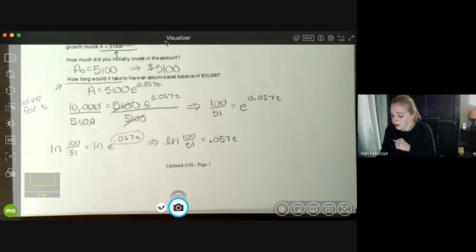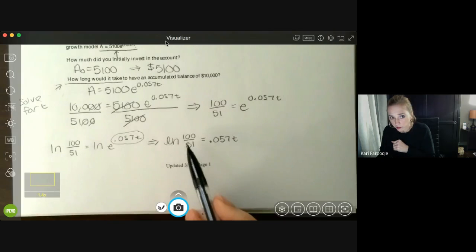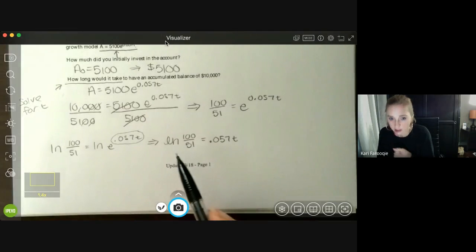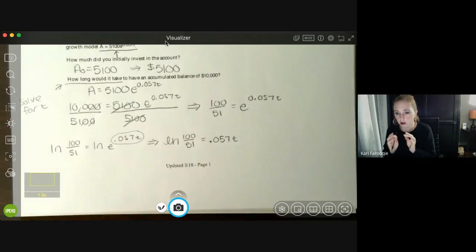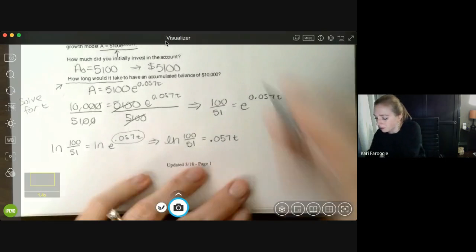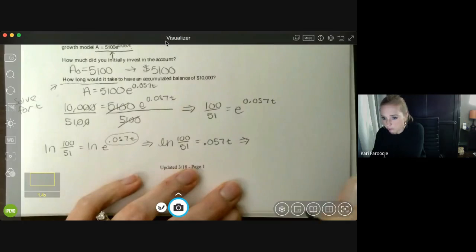And notice that I keep just pulling my fraction along here, 100 over 51. I'm not calling it 1.96. I want to make sure that I have the exact value so that when I'm ready at the end, I can use the exact value to find t. Don't want to have any rounding errors.